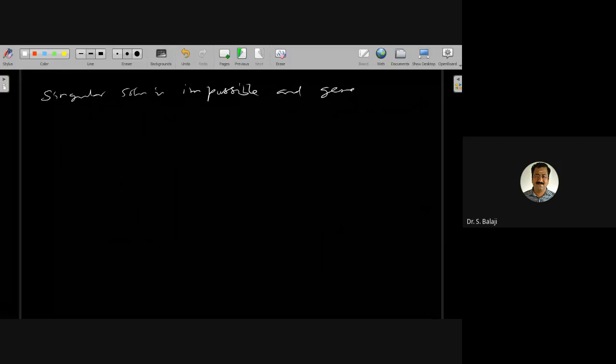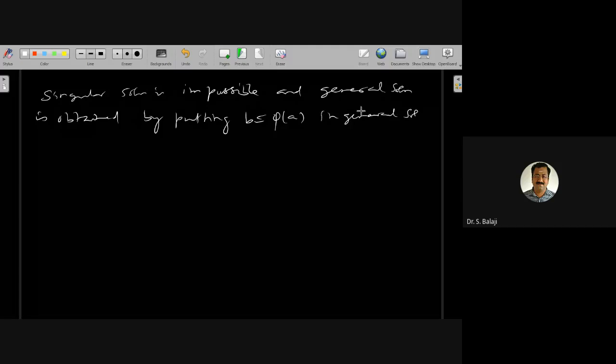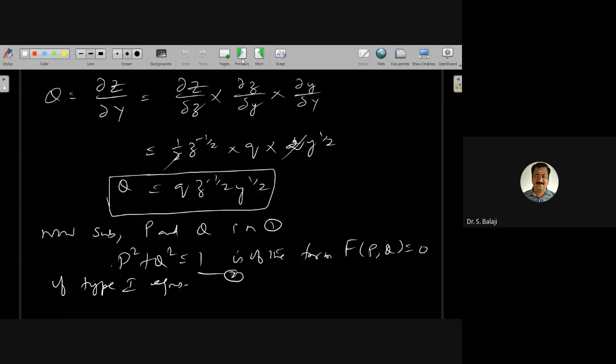And general solution is obtained by putting B equal to pi of A in the complete solution. This will be the idea we can follow. Idea is very simple.